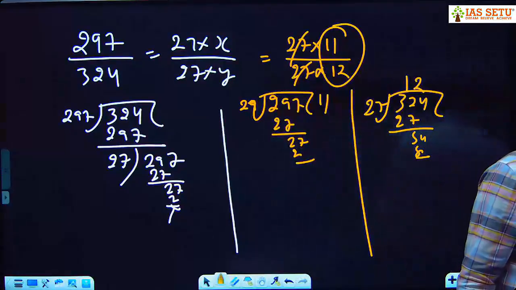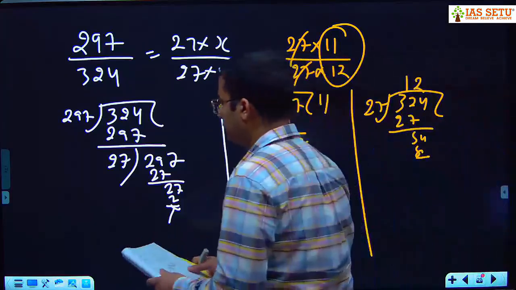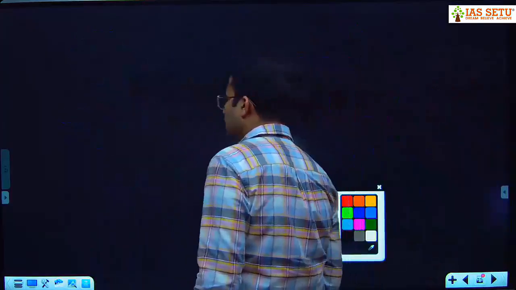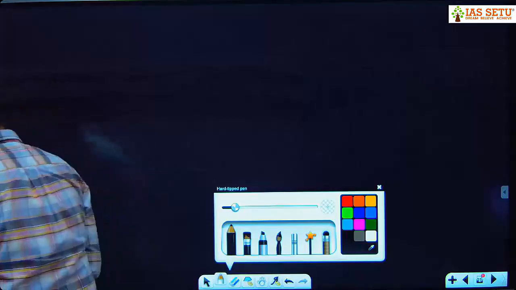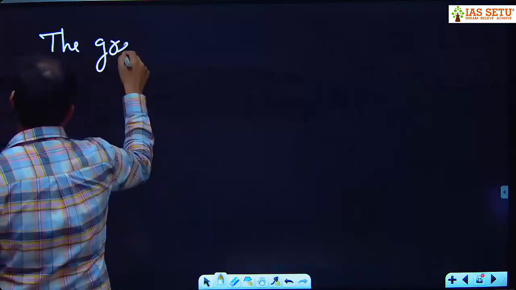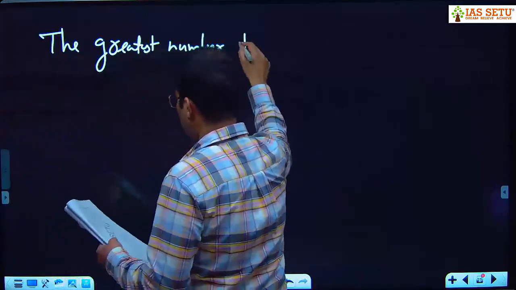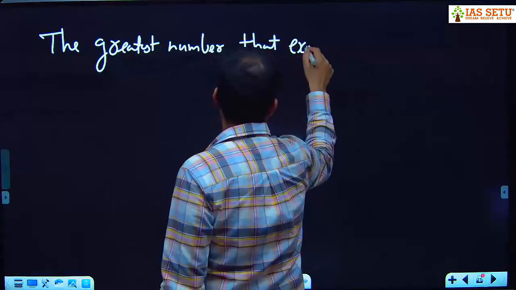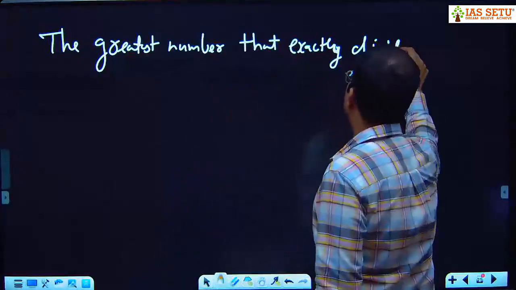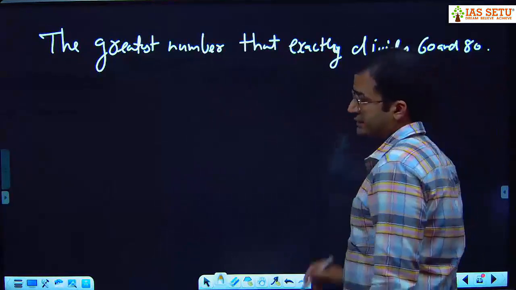Okay, next is type 5. And we will see why HCF. Okay, we will understand a little. I write a question on the board. The greatest number that exactly divides 60 and 80.